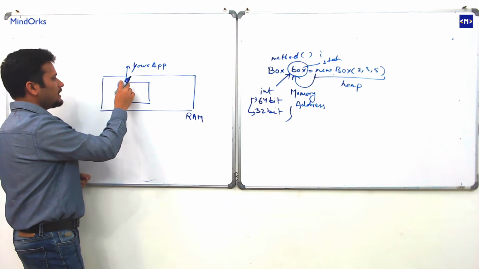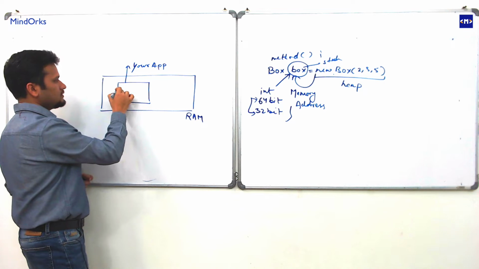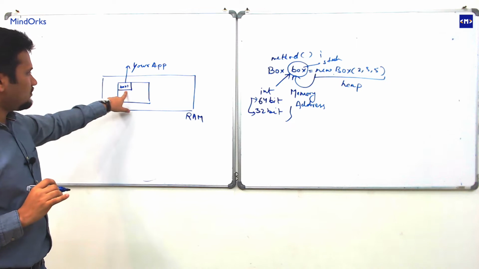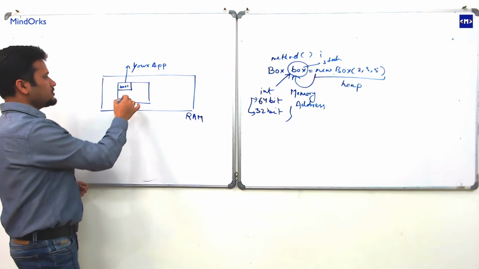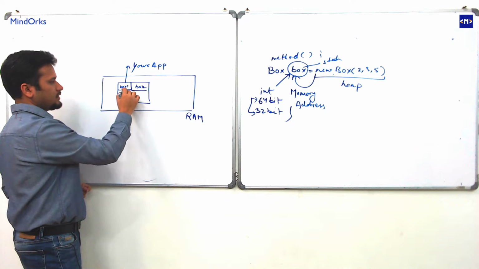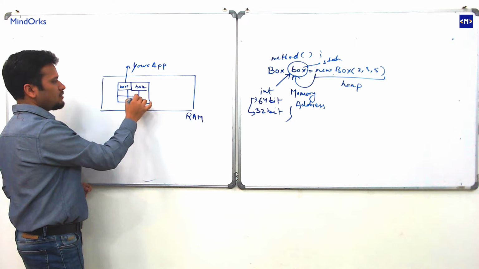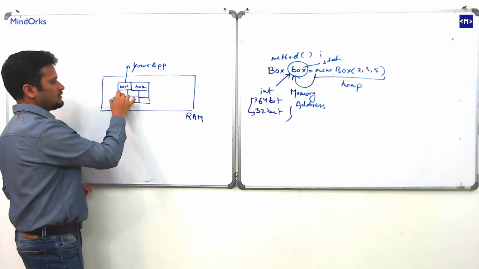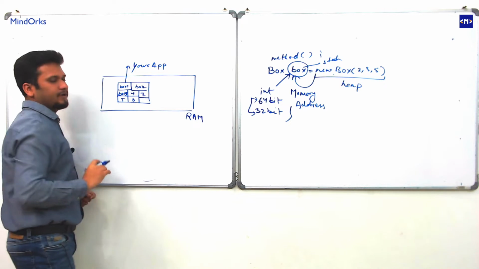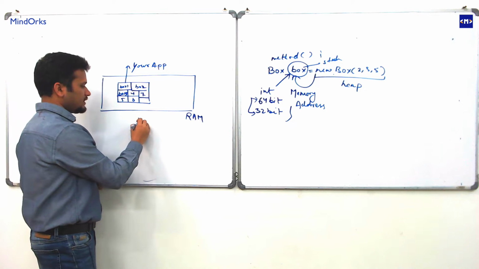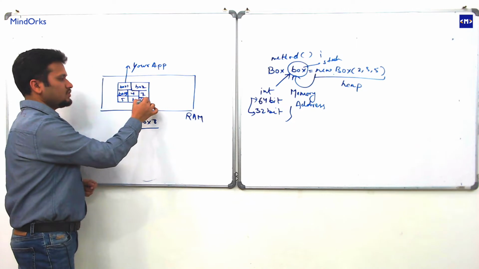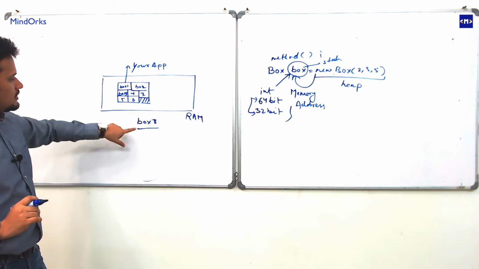Suppose you created box 1, so box 1 will take this much memory in your RAM. Suppose you create another box 2, it will be given this much memory. Suppose you create many boxes, box 3, 4, 5, 6, 7. Now when you try to create, for example, box 8, this memory is not sufficient to store your box.